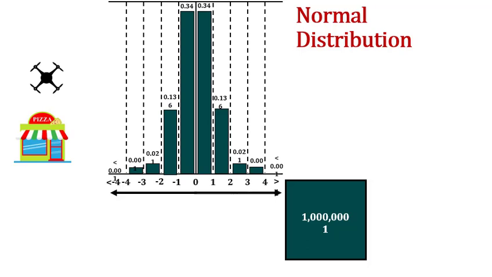To the east will be positive numbers, to the west will be negative numbers.